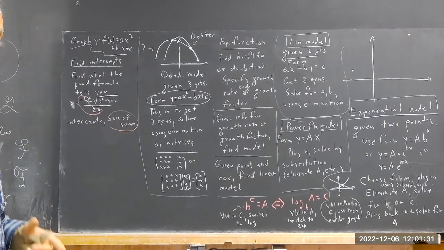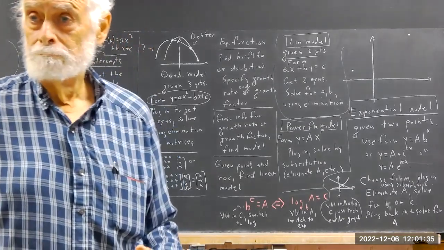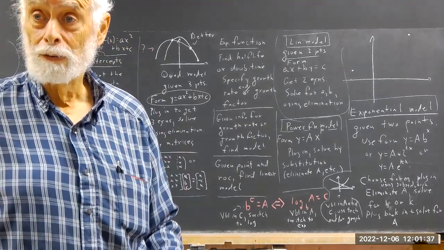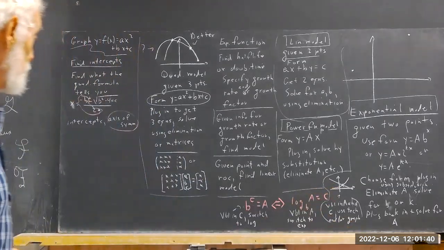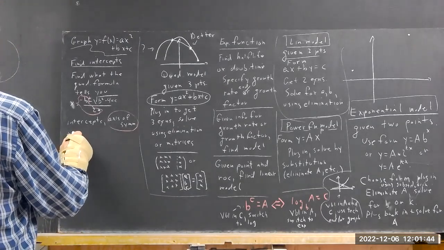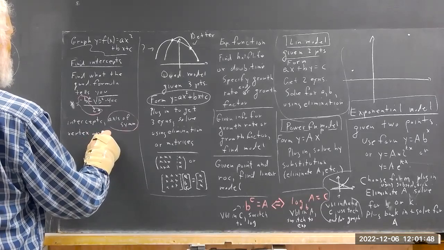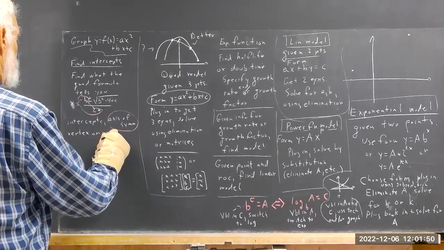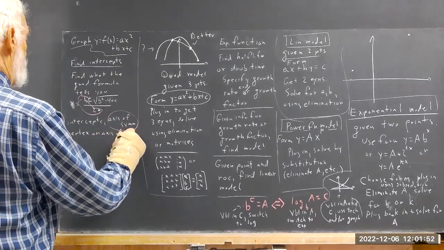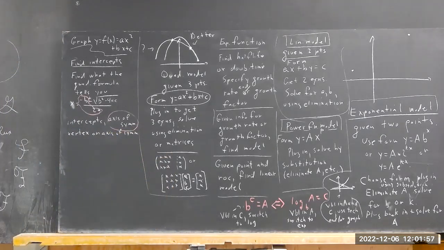Since the graph of y equals x squared is symmetric about its axis of symmetry, then the vertex lies on the axis of symmetry. It's not a bunch of formulas to remember.